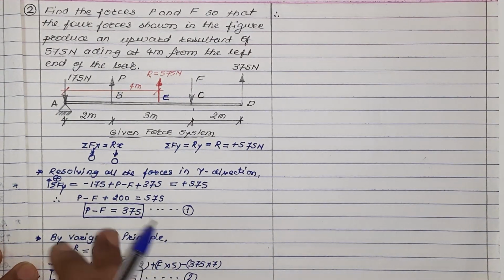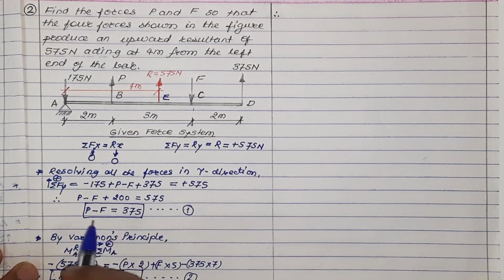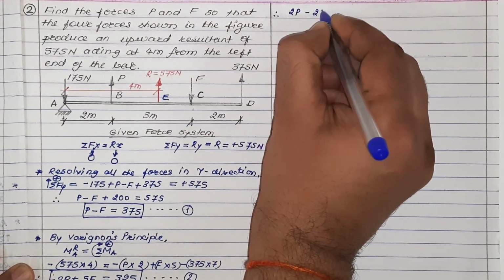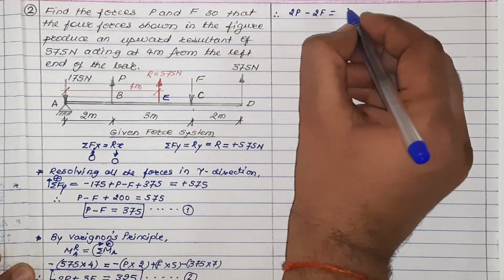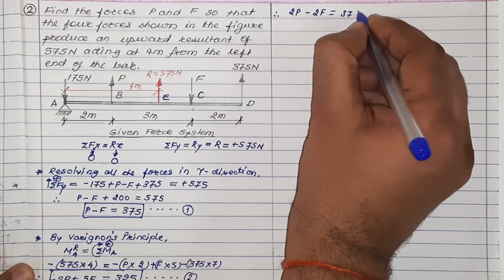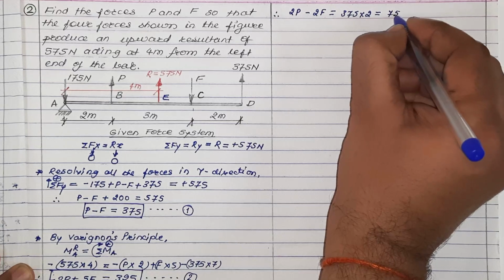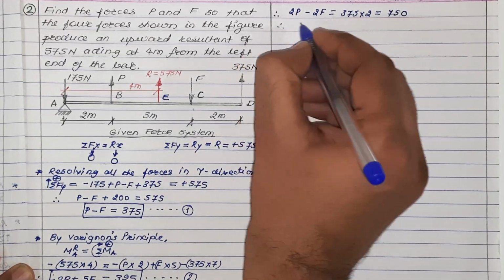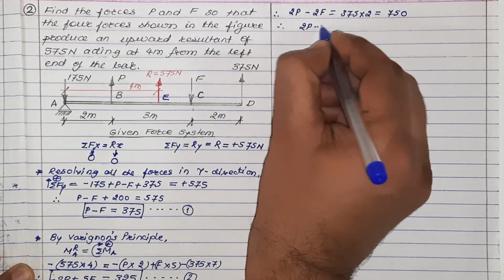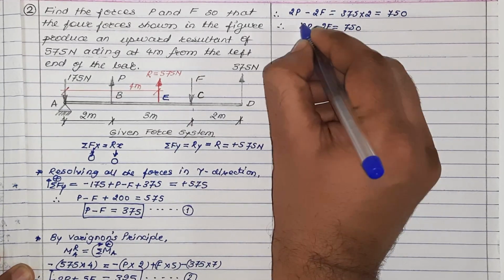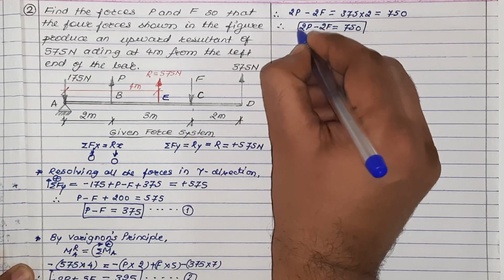So multiplying both sides of equation 1 by 2, it will become twice P minus twice F, which is equal to 375 multiplied by 2, that is 750. Hence, it will be written as 2P minus 2F equal to 750. This will be our equation number 3.